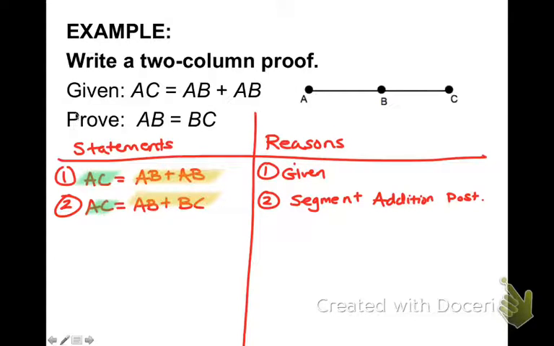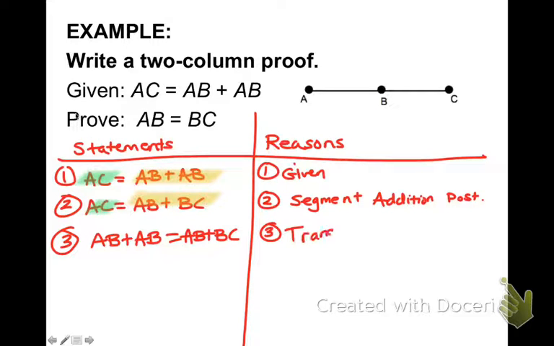Nolan? Green. Take out the green. So if I take out the green, then I'm left with the yellows. AB plus AB is equal to AB plus BC. Which property was that? Perfect. Transitive property.